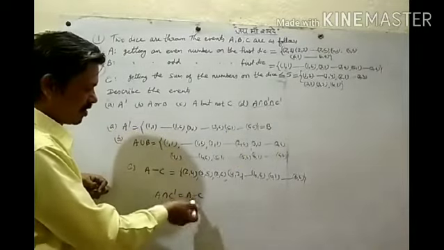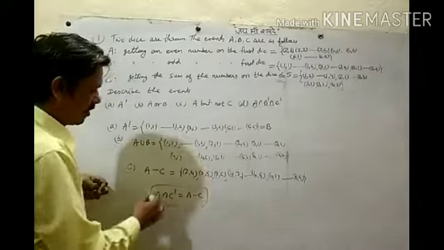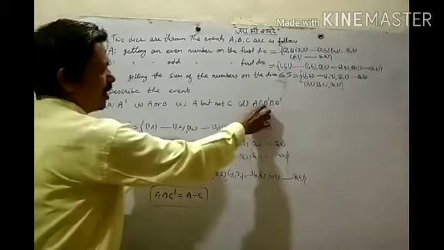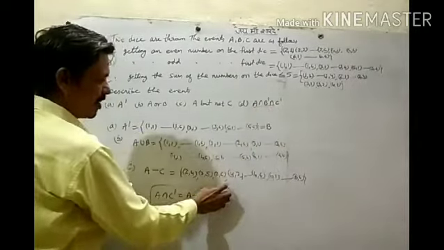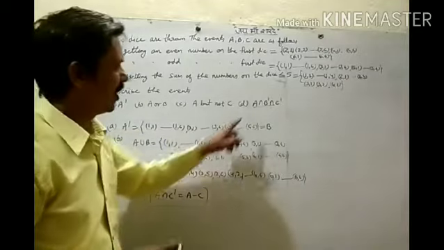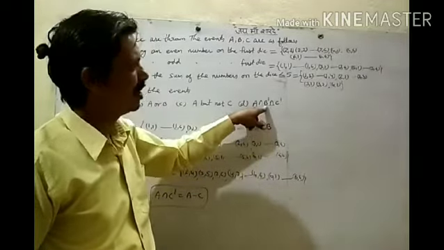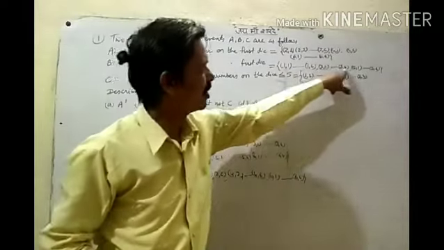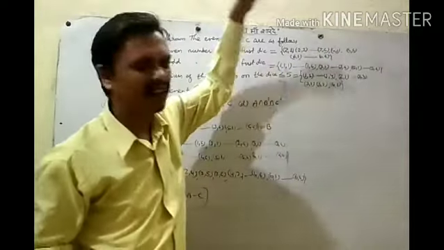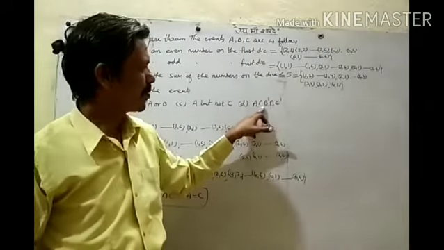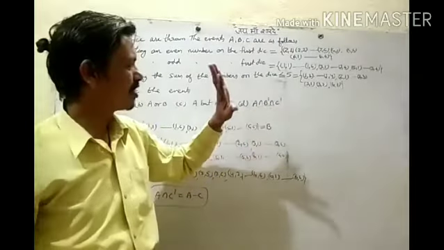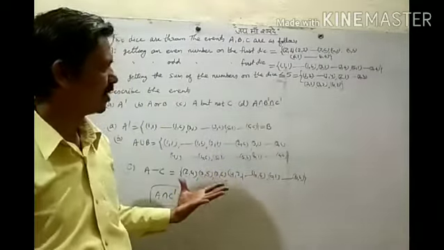This is the event A intersection B dash intersection C dash. If we find this, we get the same thing only, because B dash is A only; if it takes the complement, it will give this set. So it becomes A only, and A intersection C dash will be our A minus C only.